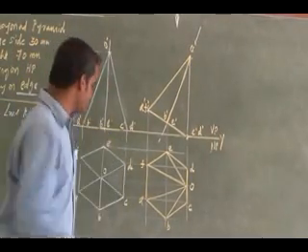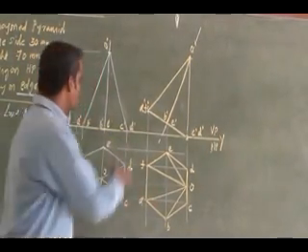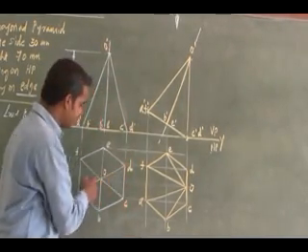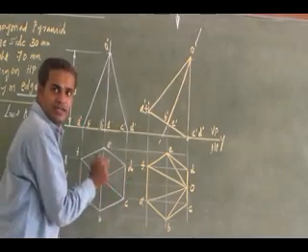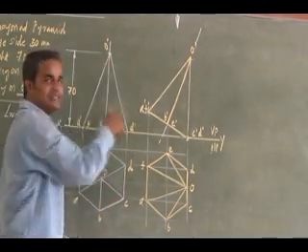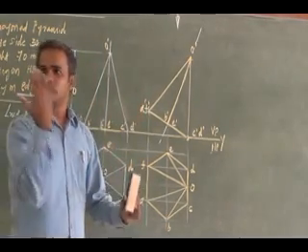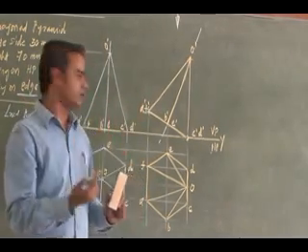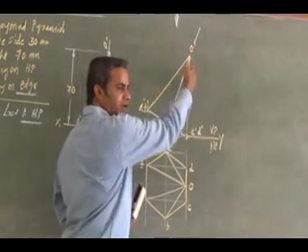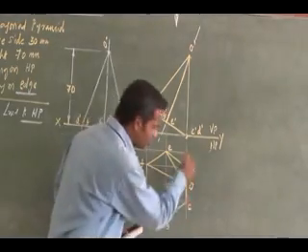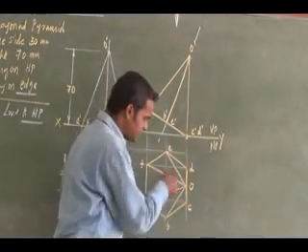Now, is it clear? Look at the final view. You are concerned about the triangular slant face CDO. In the top view and the front view, it is seen as a line. That triangular slant face is tilted such that it is perpendicular to both HP and VP. So CDO has to be seen as a line in the front view, and also as a line in the top view.